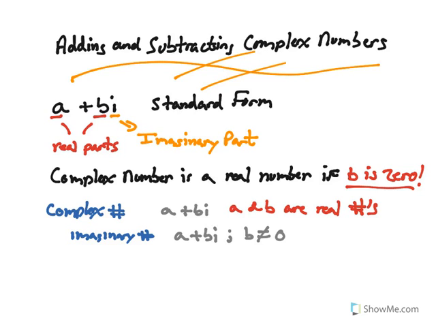And then, of course, a pure imaginary number, you can have 0 plus bi, and that equals just bi, where b obviously cannot equal 0. Okay?